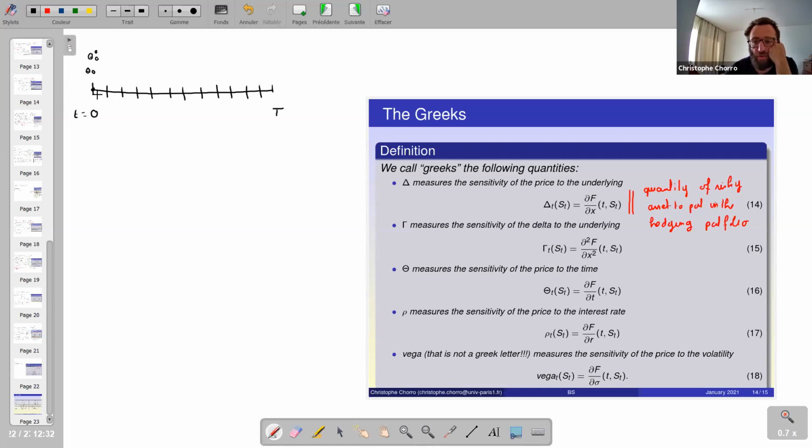So the gamma is a tool that allows you to decide whether you have to wait a long or a short time before readjusting your hedging portfolio. This is related, as I have explained here, to the hedging frequency.